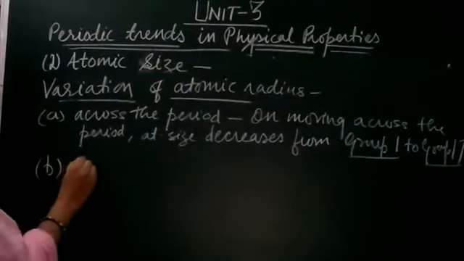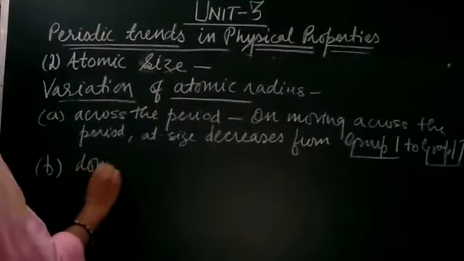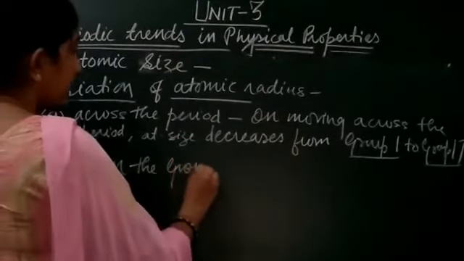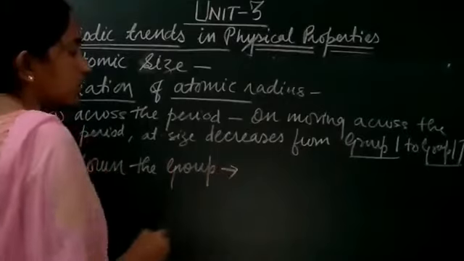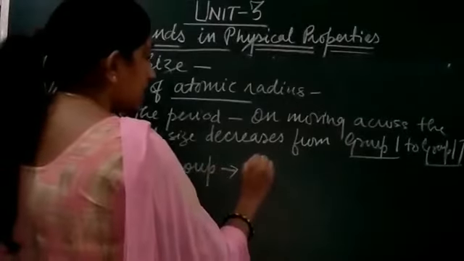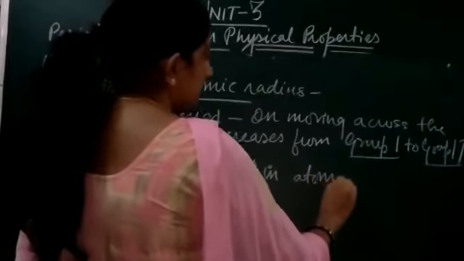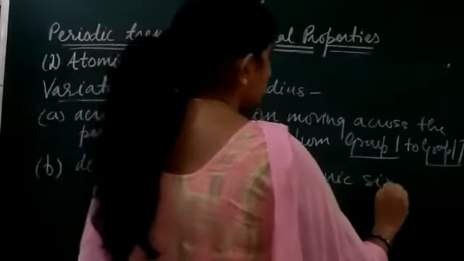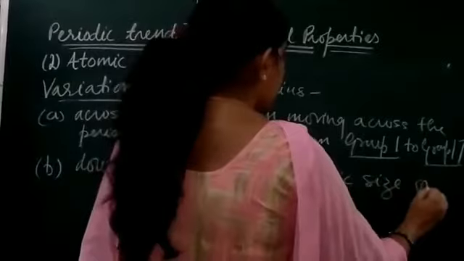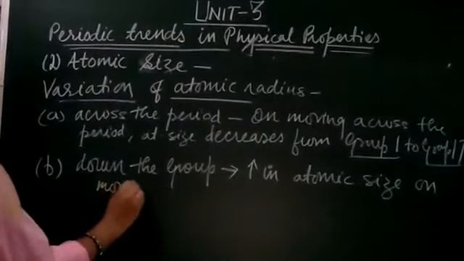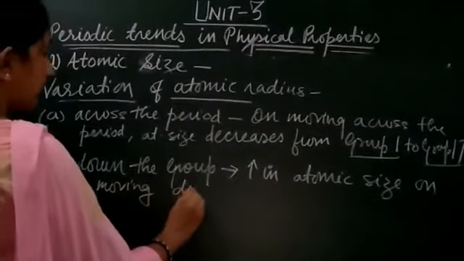Now next is down the group. When we move down the group, what happens? There is increase in atomic size or radius on moving down the group.